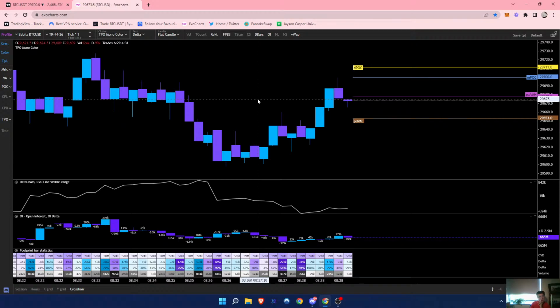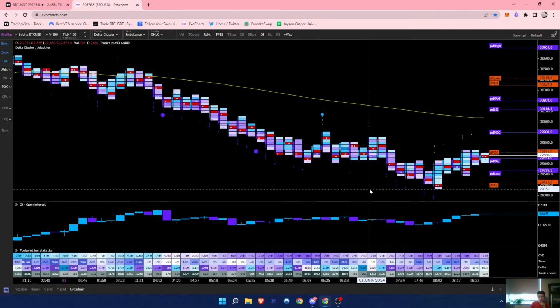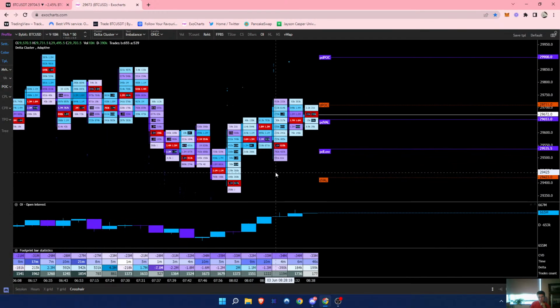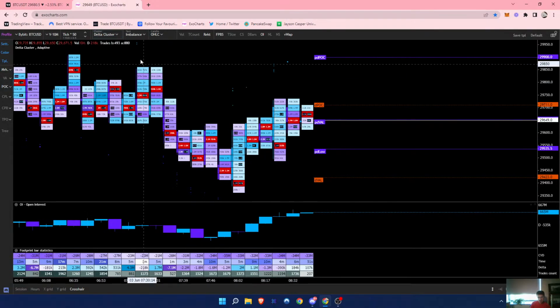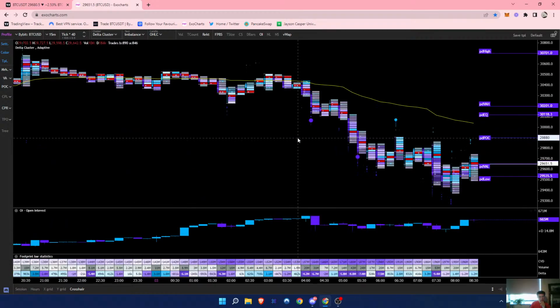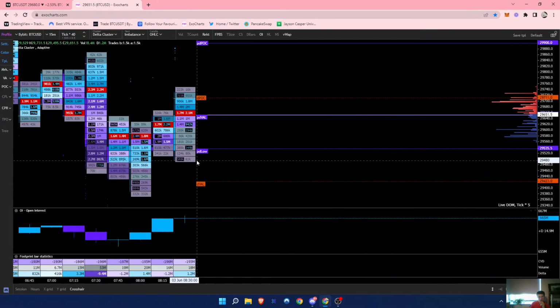Using the TR charts, looking at my volume chart. Nothing too interesting. Going back to order flow.